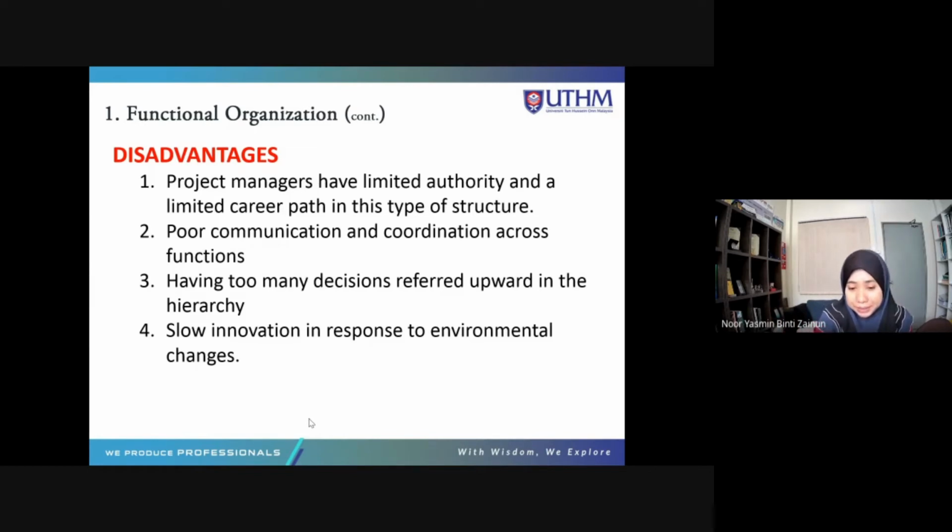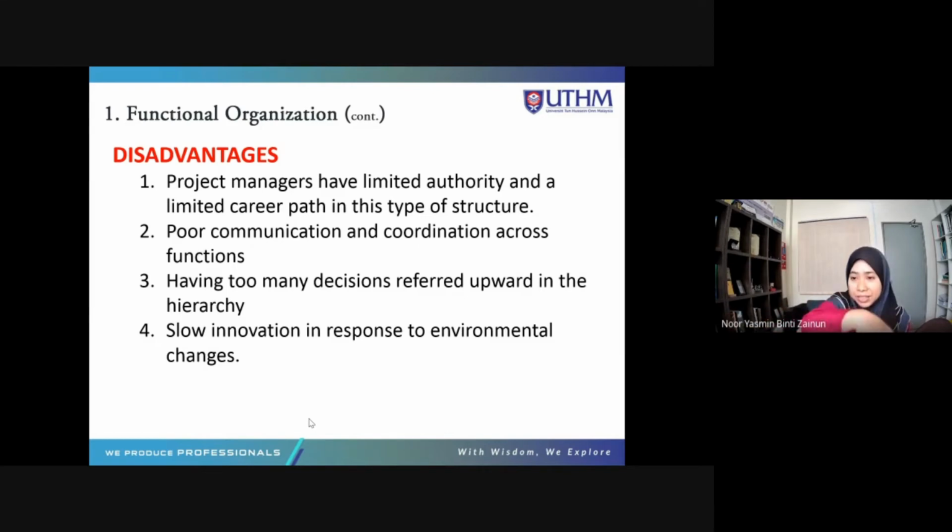For example, the international student, how do you register when you come here? You need to refer to CGS, right? Apa tu, CGS atau PS, Pusat Siswazah. And then you also need to refer to the faculty. And then you also need to refer to the international office.